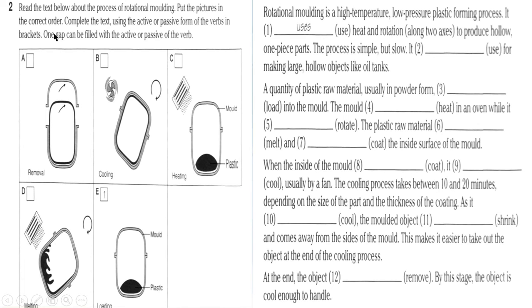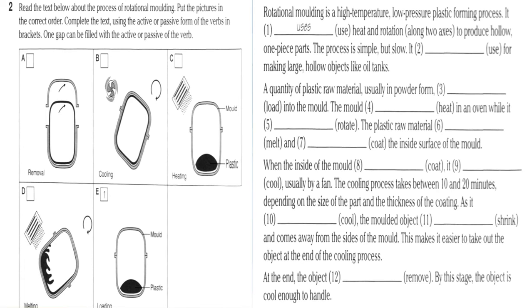This is your first job. Complete the text using the active or passive form of the verbs in brackets. Then this is your second job, to complete the text. One gap can be filled with the active or passive of the verb. You have 10 minutes to do the 2 activities. When you finish, please come back to check your answers.